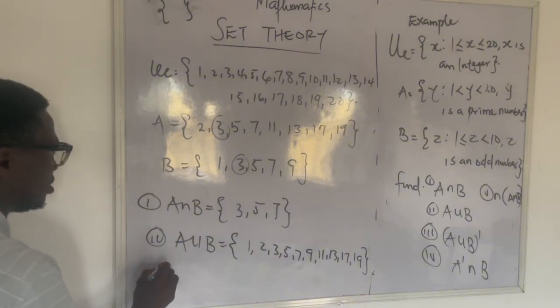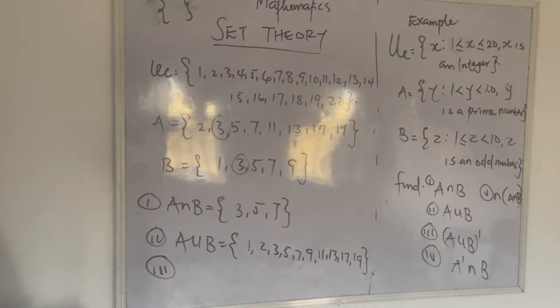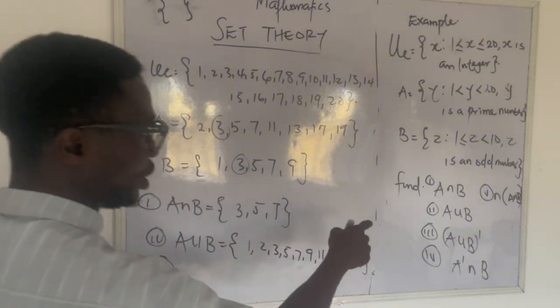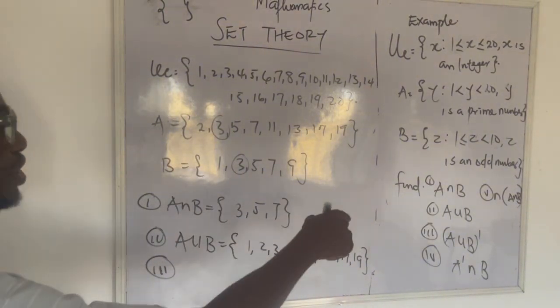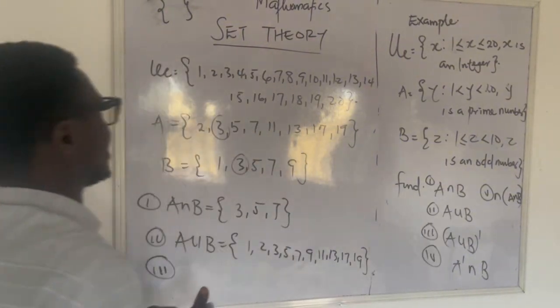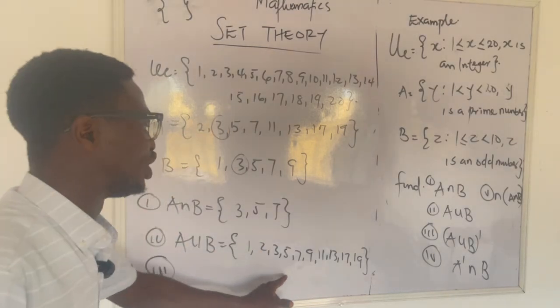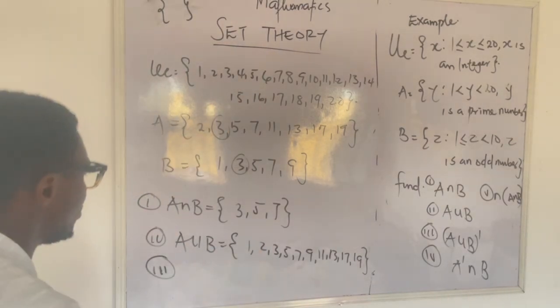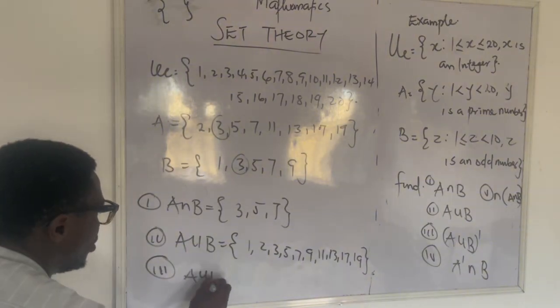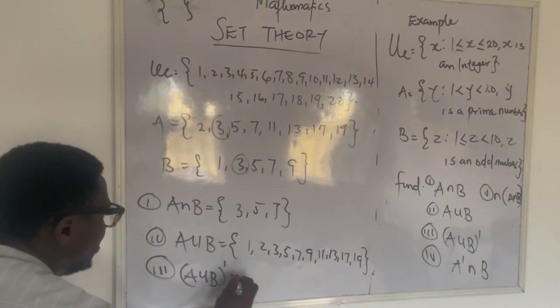Then number 3, then we can say that 3 is what? A union B complement. That is, what is in the universal set that is not in A union B? So A union B all complement.